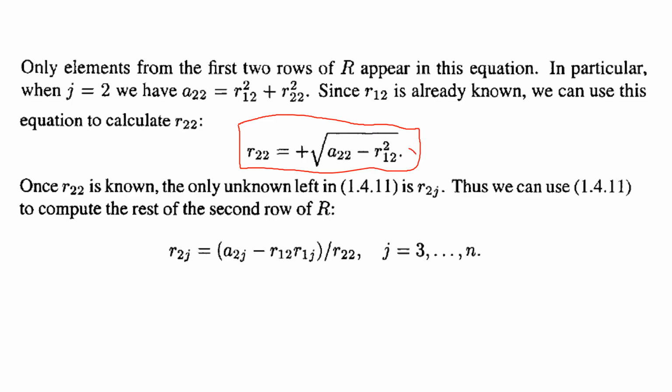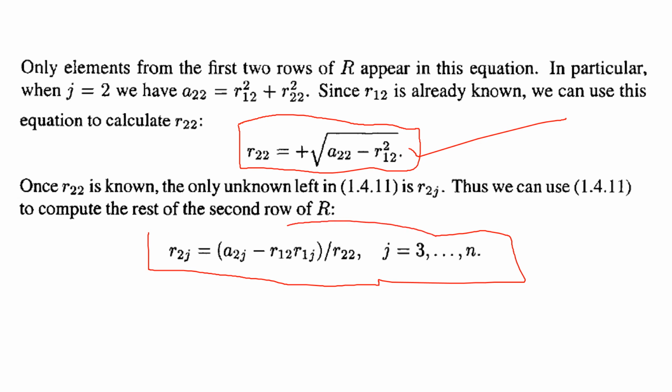Once R22 is known, the only unknown left is R2j. Thus, we can use equation 1.4.11 to compute the rest of the entries of the second row by varying j from 3 onward.